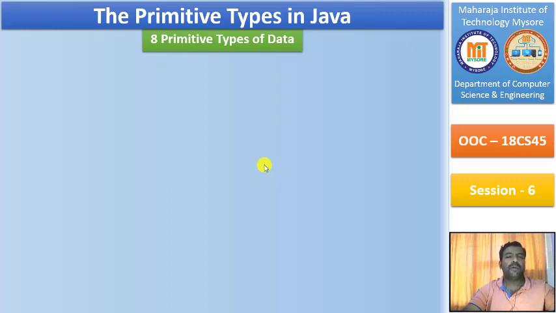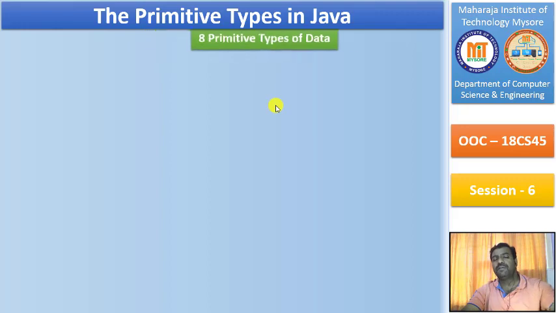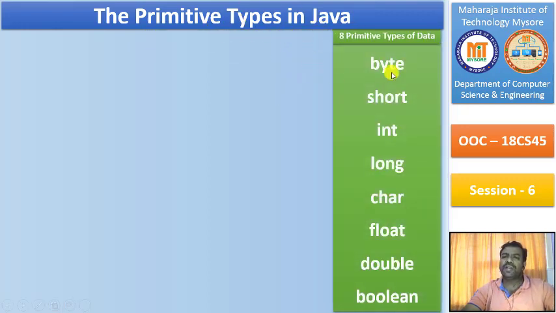There are many more available in C and C++, and a few more in Java. Right now we are going to say there are 8 primitive types of data: byte, short, int, long, char, float, double, and boolean.